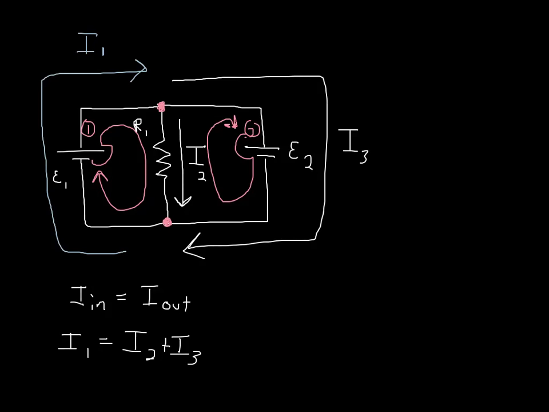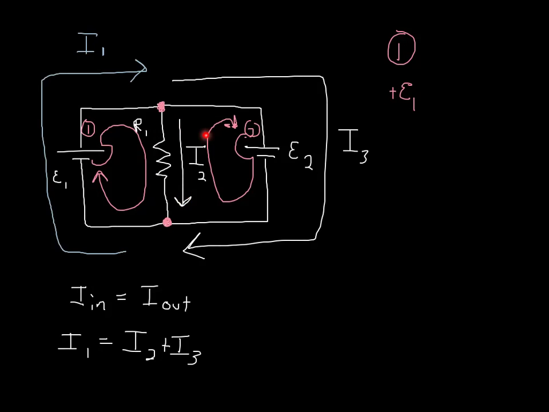So what do the voltage drops look like for these two loops? For loop number 1, I look at where I'm starting. I'm starting at the negative side of the battery and jumping up to the positive, so I'm increasing by a voltage amount E1. So I have a positive E1. I continue around my loop and reach this first resistor. I'm going down through the resistor, and the direction I chose for my current through this resistor is also down.